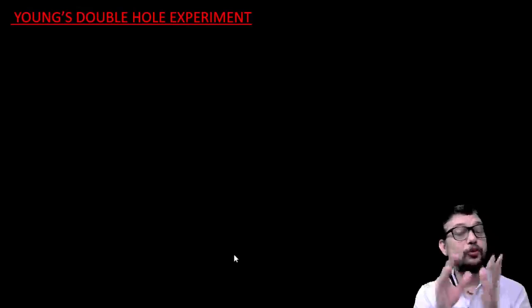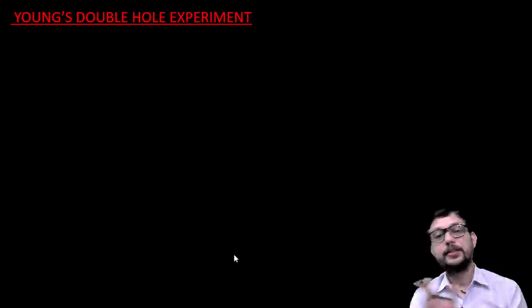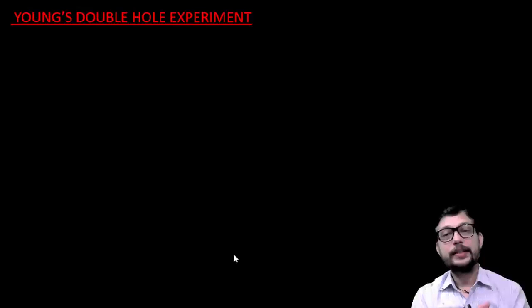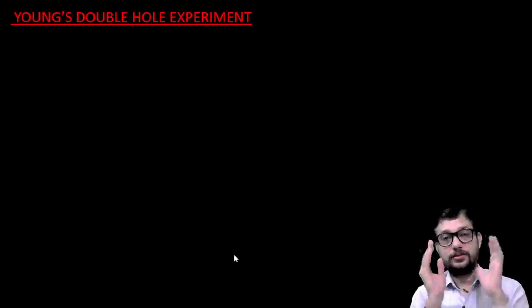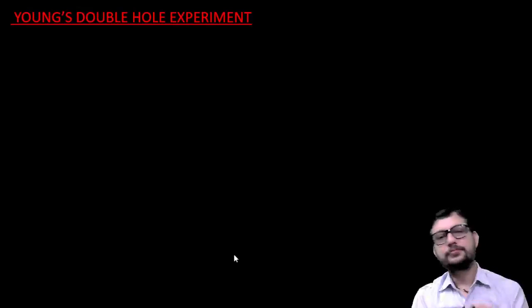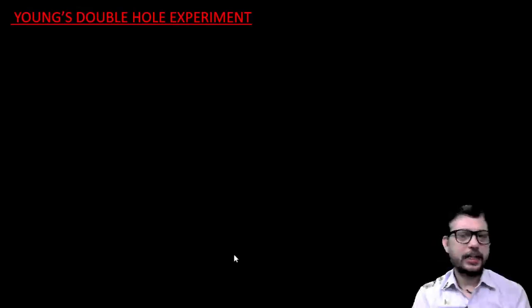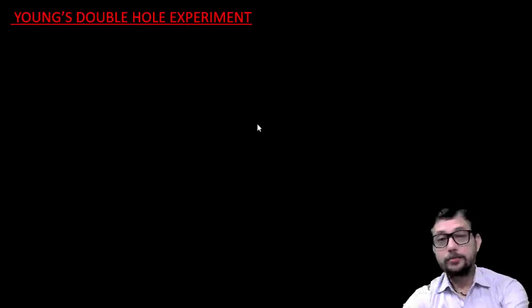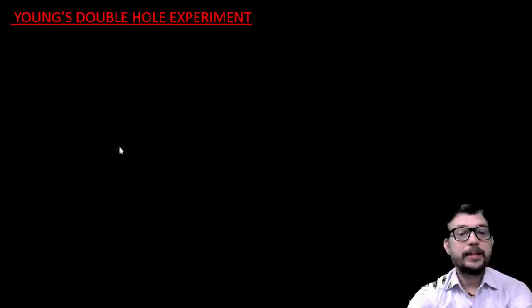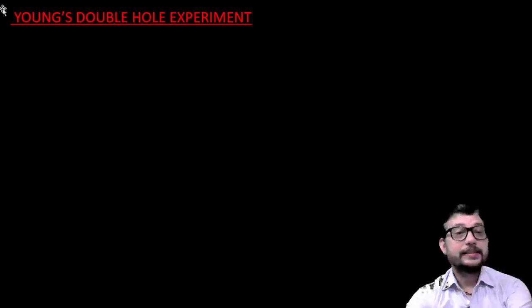And before performing that experiment, he also did a short experiment that is a little bit famous, but very interesting. So if we talk about the double hole experiment, you can easily see that Young took a cardboard.